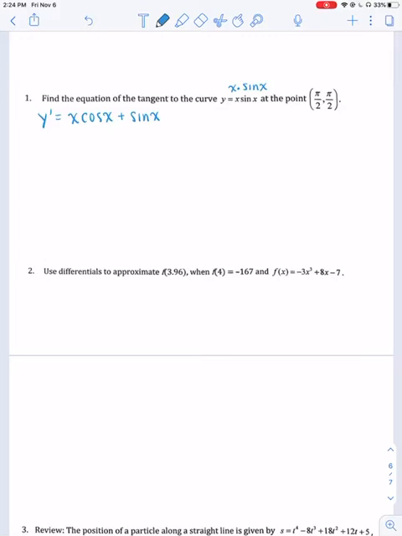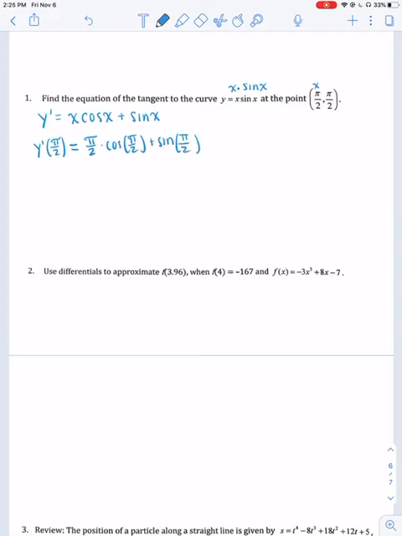And so now I need to know what this derivative equals when my x value is pi over 2. So we're going to substitute in the pi over 2. So I'm going to write it like this. y prime of pi over 2 would be pi over 2 times cosine of pi over 2 plus sine of pi over 2.